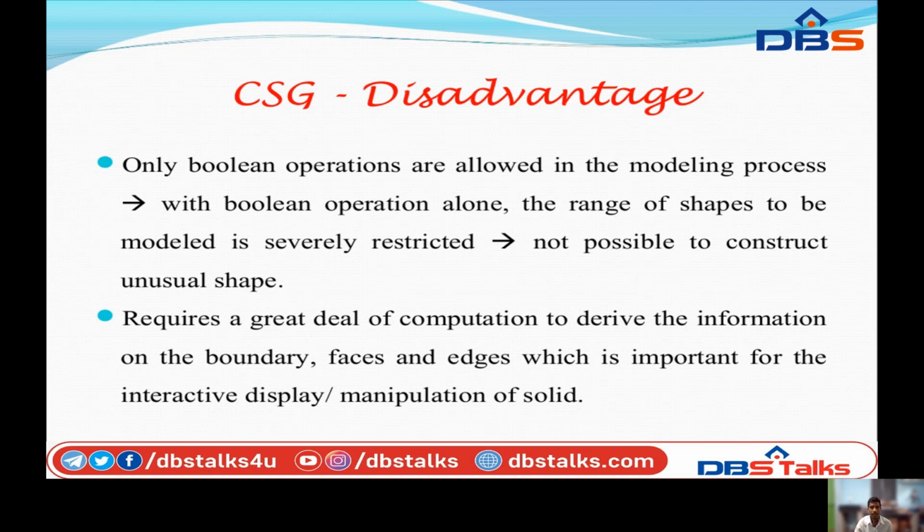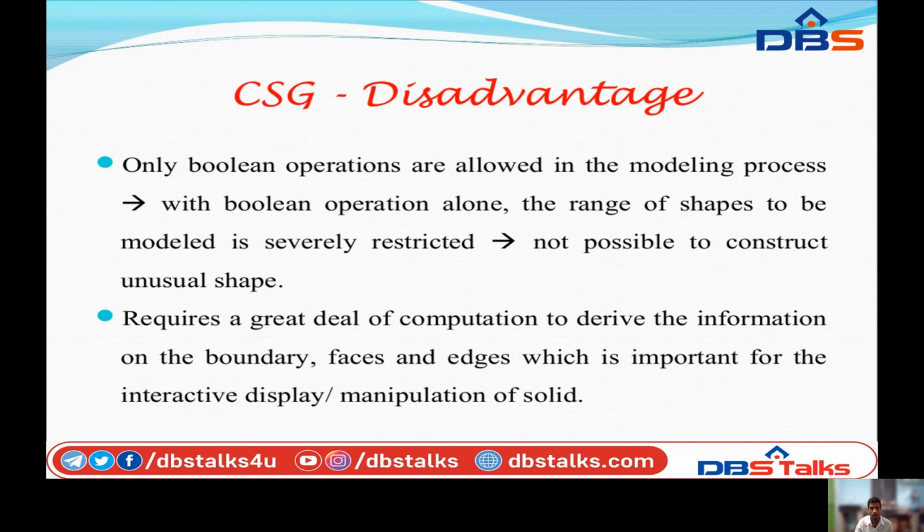Up to now, we have discussed only the advantages of constructive solid geometry. In this slide, we are discussing the disadvantages of using constructive solid geometry. Only Boolean operations are allowed in the modeling process. That means by using Boolean operations alone, the range of shapes that can be modeled is severely limited.